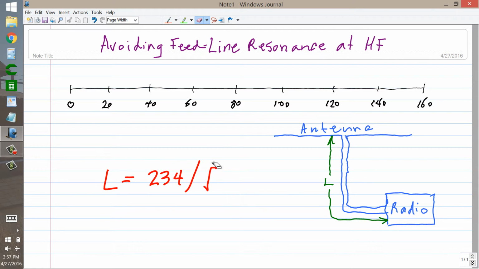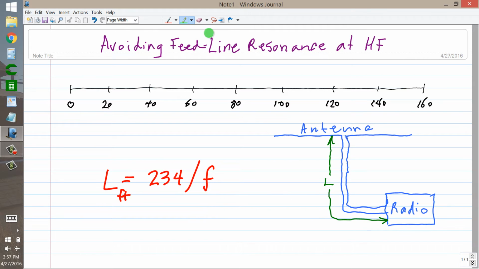The length you want to avoid is 234 divided by the frequency, and this is a length in feet. You want to avoid this length for your transmission line L or any integral multiple thereof.